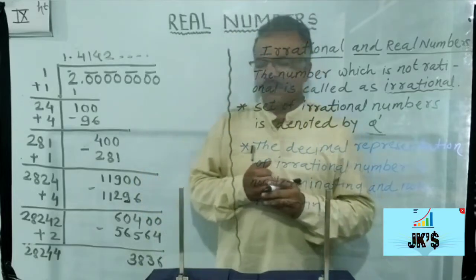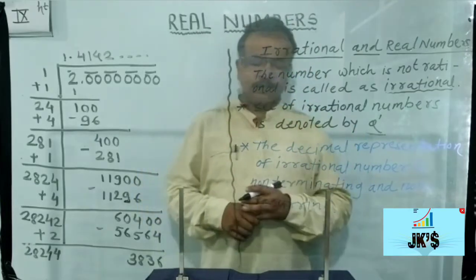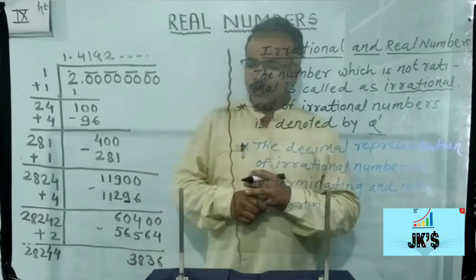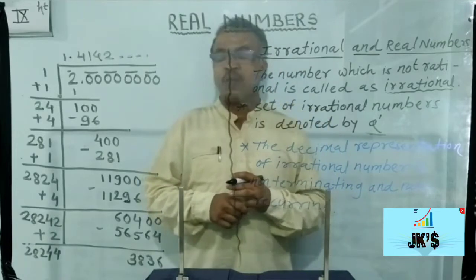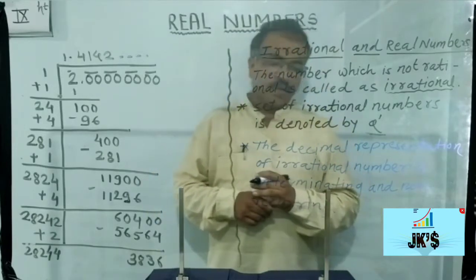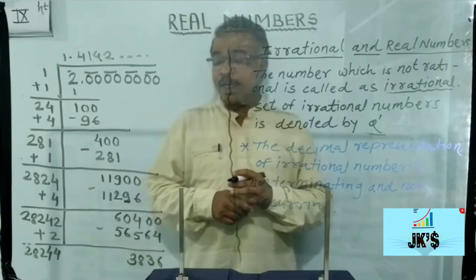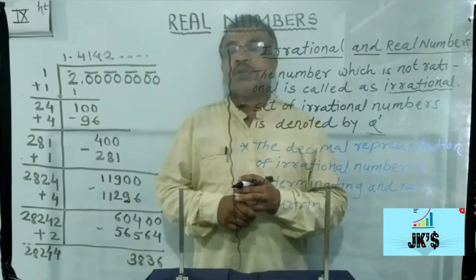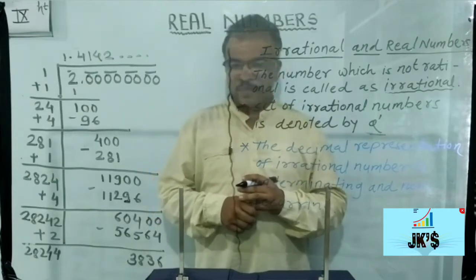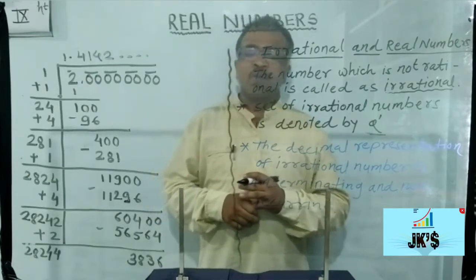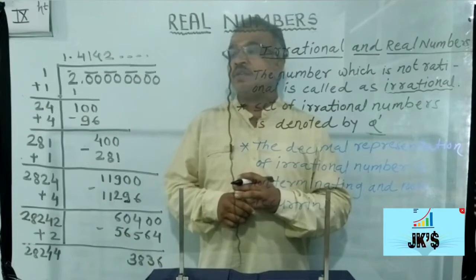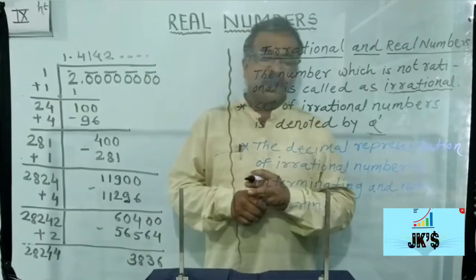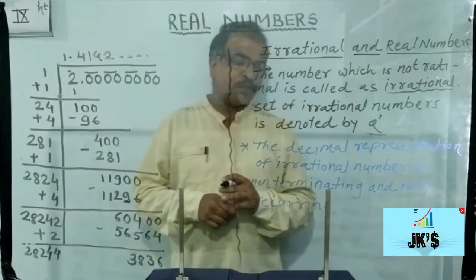In the last session, we studied that all those numbers which we can represent in the form of P upon Q, the terminating decimal fractions and recurring decimal fractions, are known as the rational numbers.